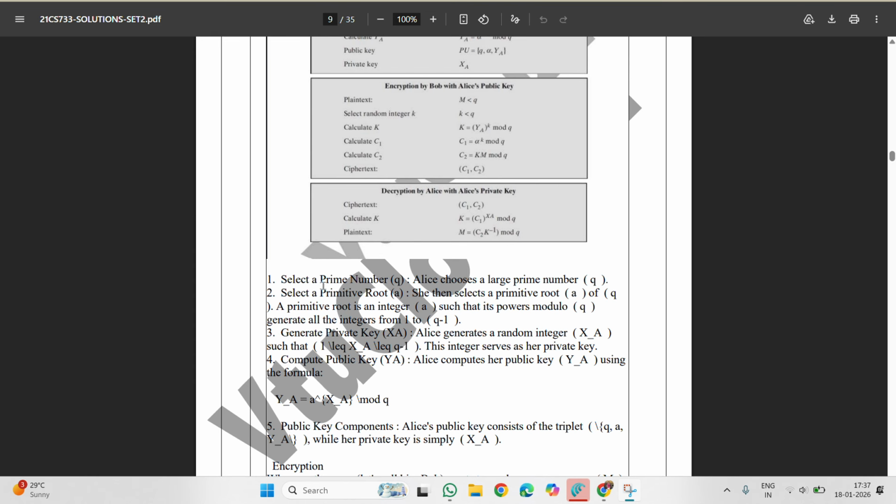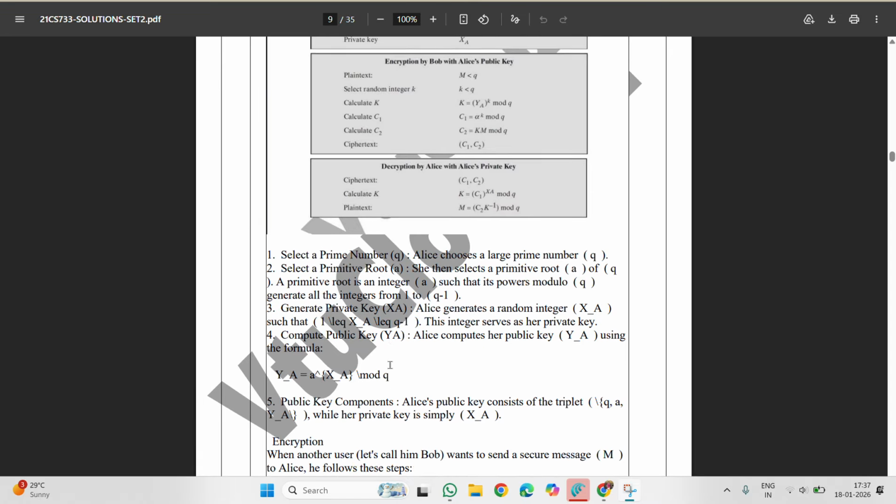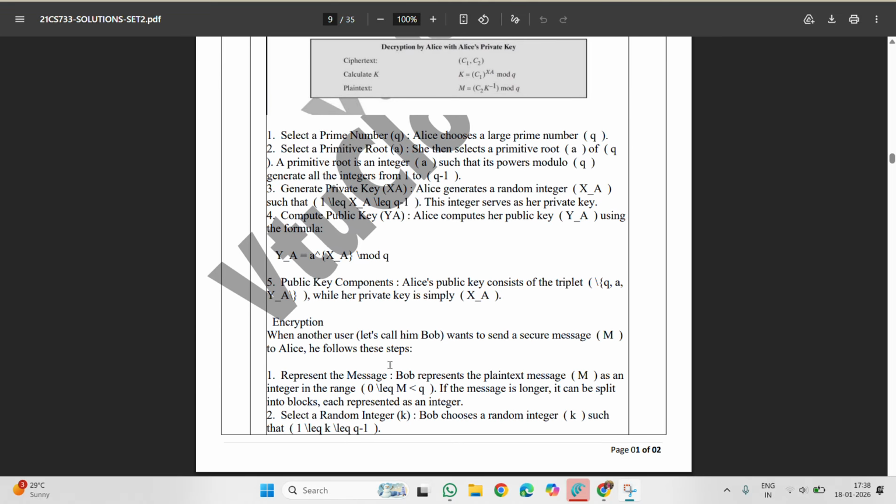The steps are: select a prime number Q and a primitive root A, generate private key XA and compute the public key YA. And the fifth step is public key points: Ali's public key consists of the triplet, while her private key is simply XA.